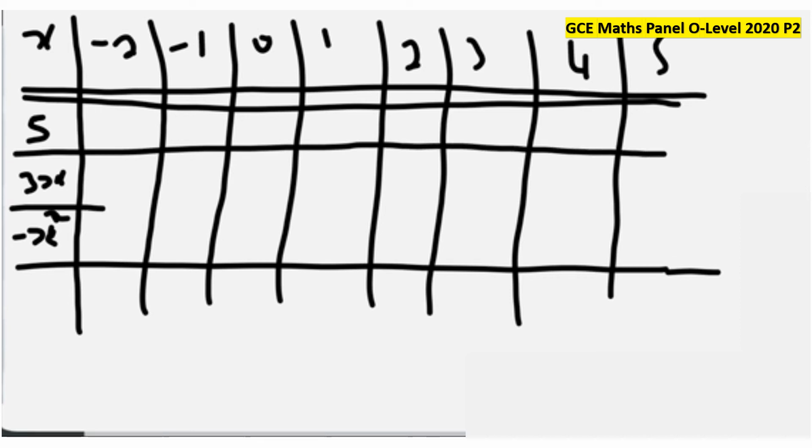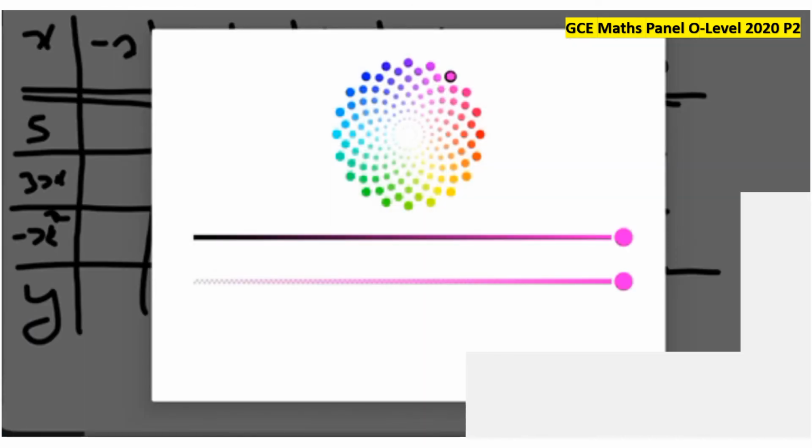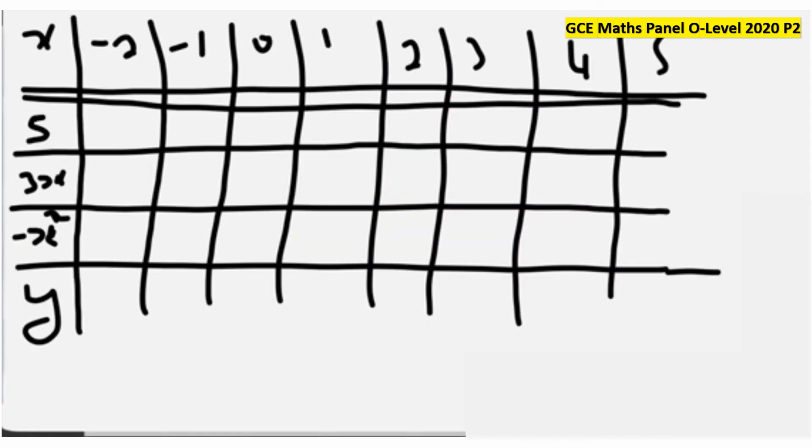So I partition this table, and here my y values will enter. Now let us start filling these values in. Since this 5 is a constant, I'll just copy it all through, because it's not a function of x.